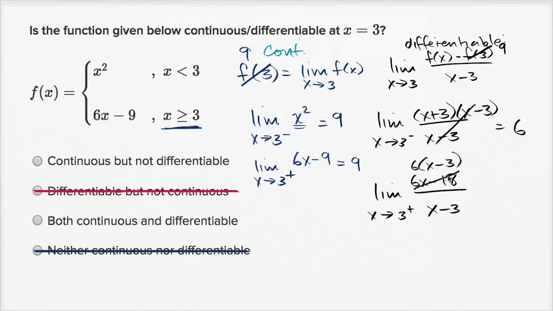As we approach from the right, that's just going to be equal to 6. So it looks like our derivative exists there, and the limit as x approaches 3 is equal to 6, because the limits from the left and the right are both equal to 6. So this looks like we are both continuous and differentiable.